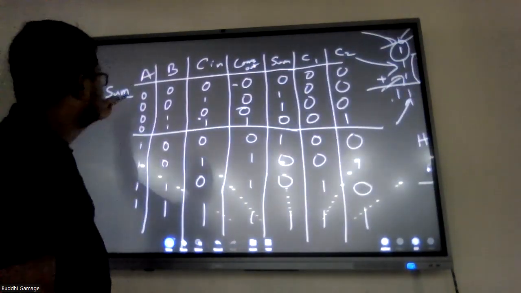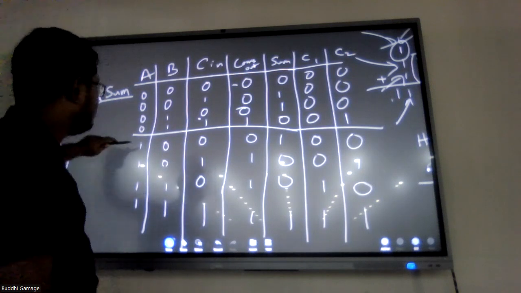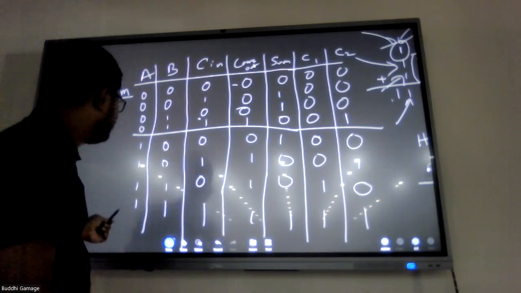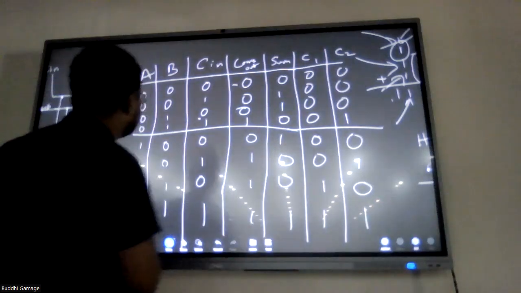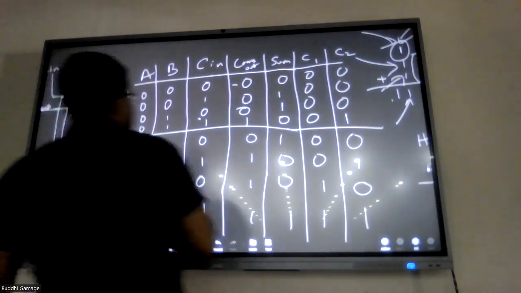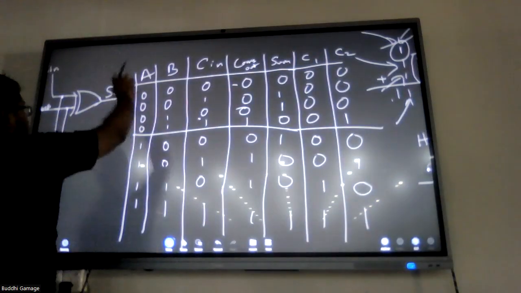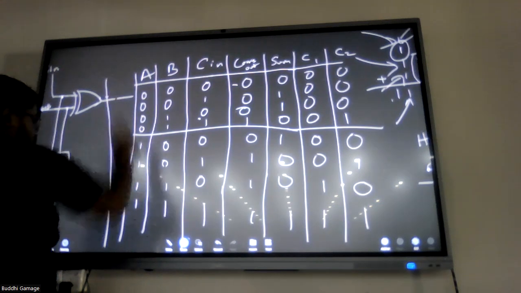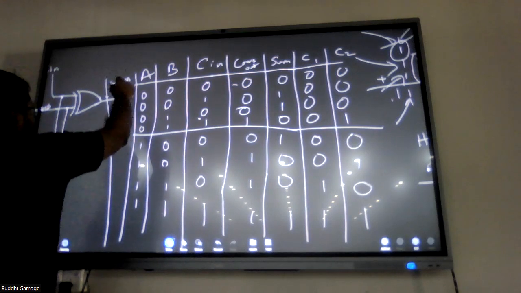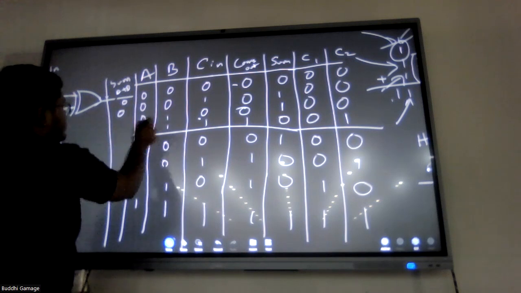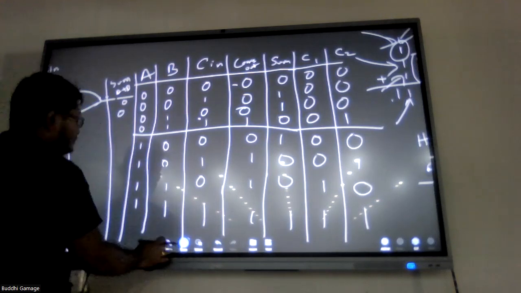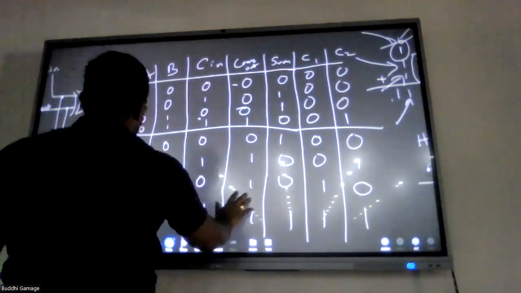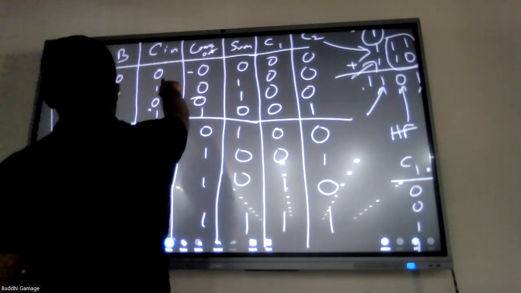Let's check AB 0, 0. The sum A plus B here is 0. Summation 0.